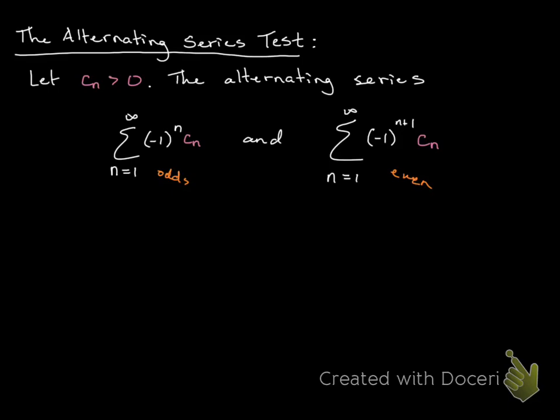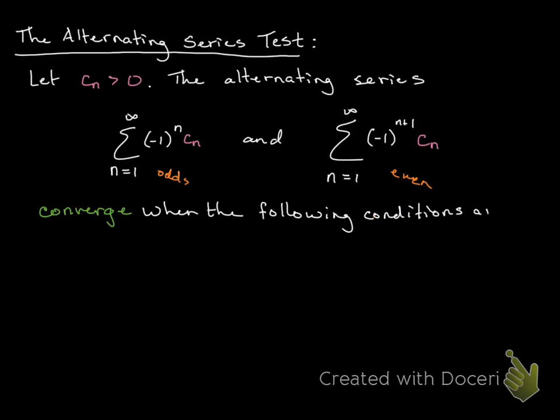For this test, we use this C sub n. This alternating series, whichever form it's in, converges when the following conditions are met. The first is that the limit as n goes to infinity of C sub n is 0. And it's important to note that I'm not taking a limit of a sub n.